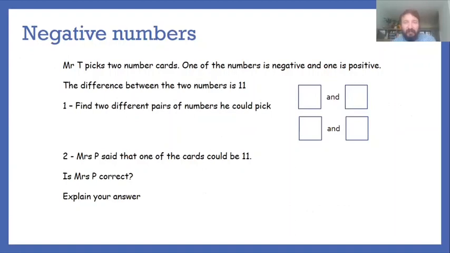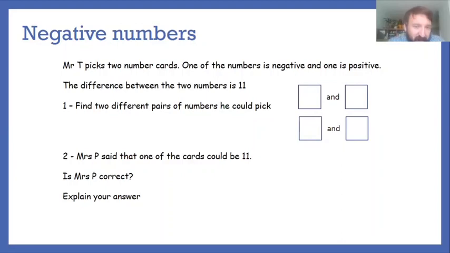A bit more of a challenging question here. Okay, Mr. T picks 2 number cards. One of the numbers is a negative and one is positive. The difference between the 2 numbers is 11. Find the different pairs of numbers that could be. So all I'm asking you to do there is find different pairs of numbers. Now, obviously, when we look at this together, you may have chosen some different numbers from Mr. Osborne, but as long as there is a difference of 11, then that should be fine.